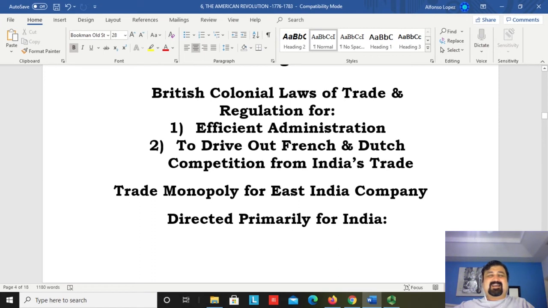So what that entailed, a more efficient administration, is that instead of sending customs officials to India to establish a series of customs houses there, instead of just sending anybody that will do that job, we need to send people that are trained, that are prepared to do this task, people that have certain training.